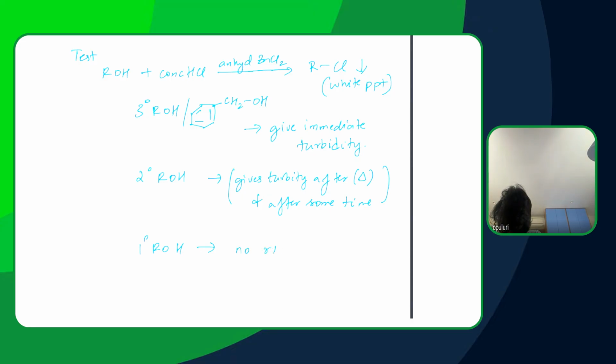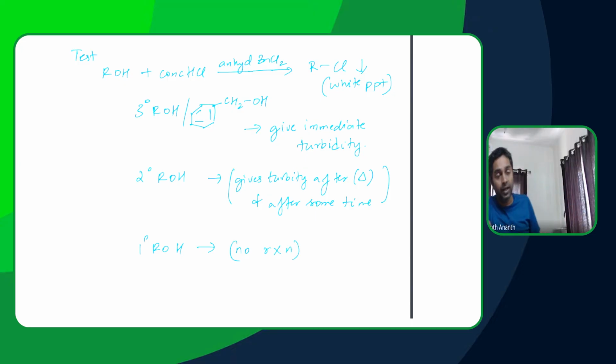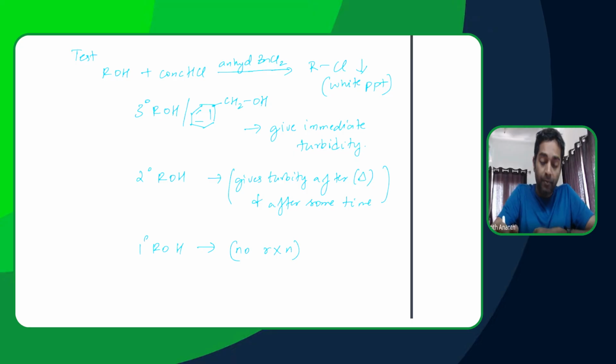No reaction. Yeah. That is the generally accepted thing. Don't take it as after a long time. Take it as no reaction, please. Okay. And you're going to be having methanol, obviously, which is 0 degrees, only one fellow there. Methanol also is no reaction.